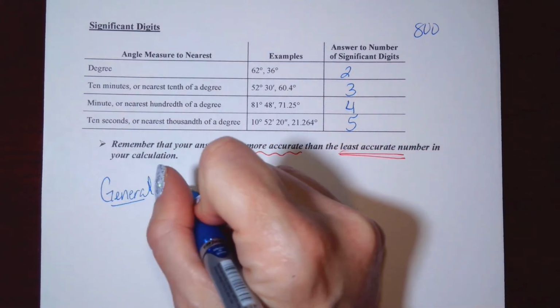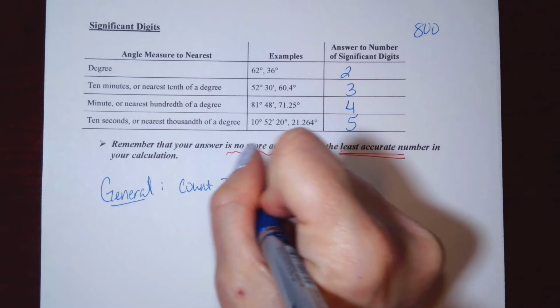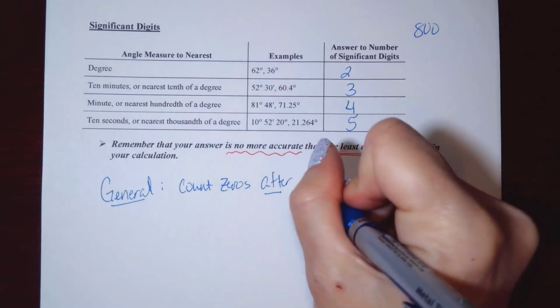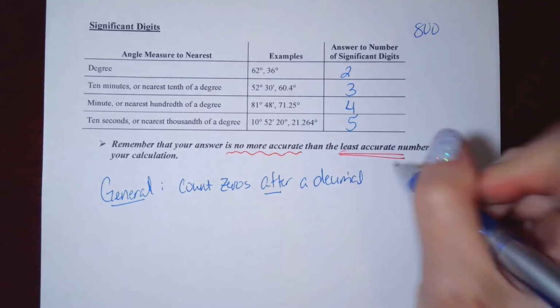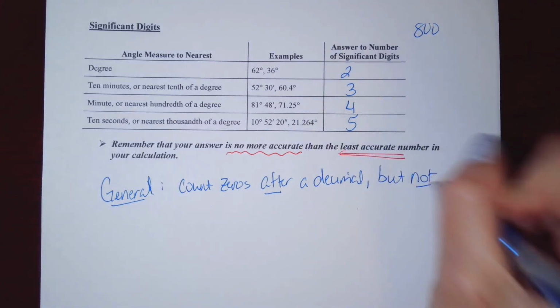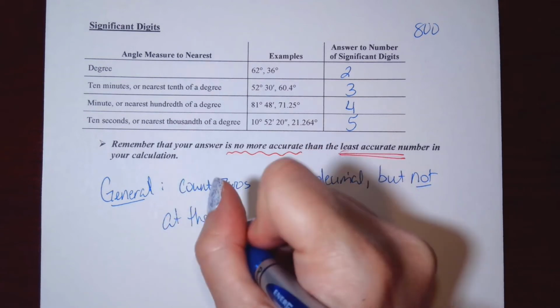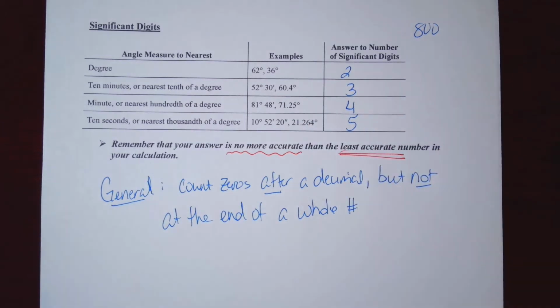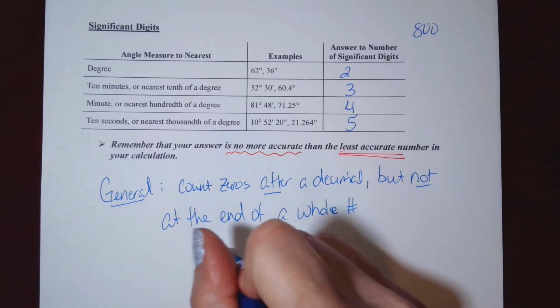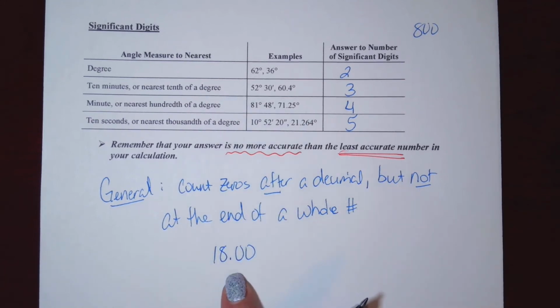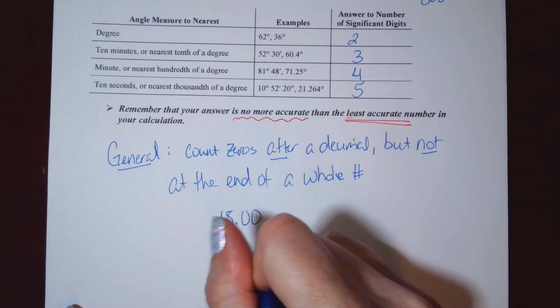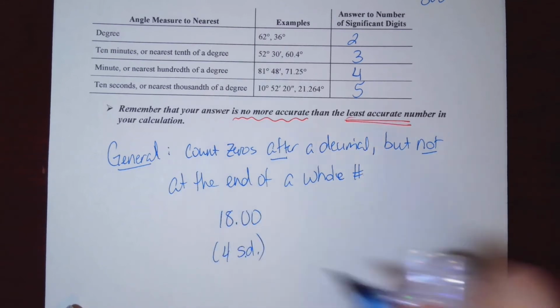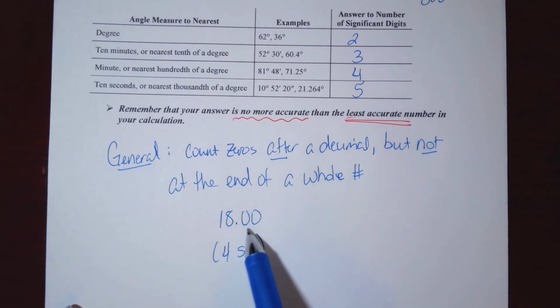In general, remember that we are going to count the zeros after a decimal, but not at the end of a whole number. So, for example, 18.00 counts as 4 significant digits because the only reason to have zeros after a decimal would be to use them for significant digits.